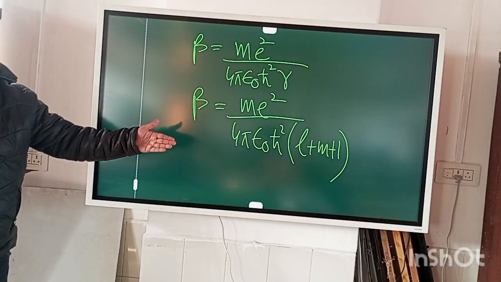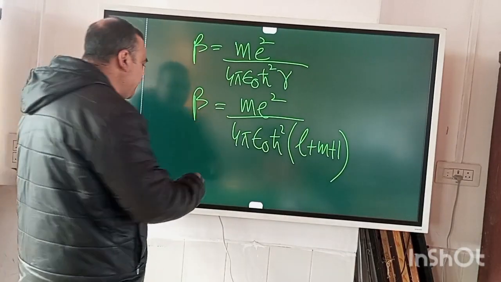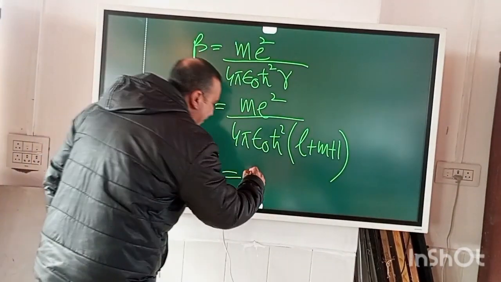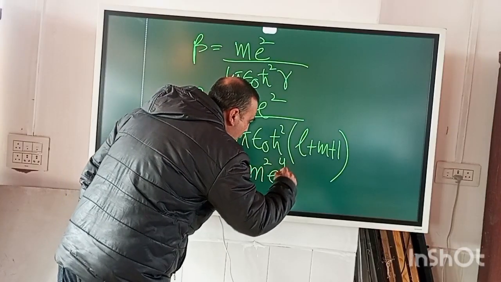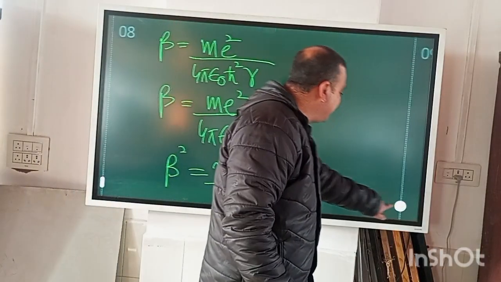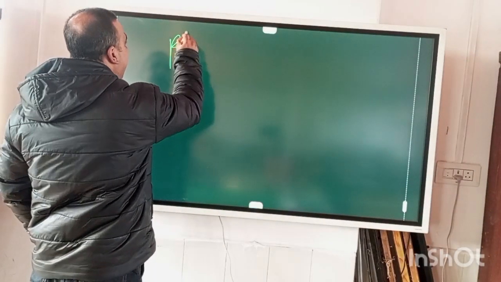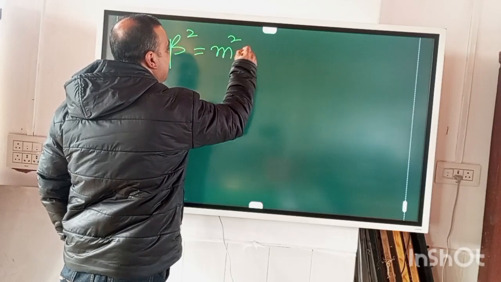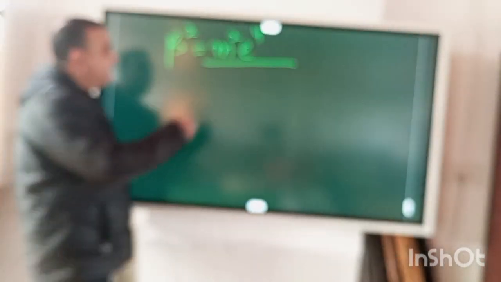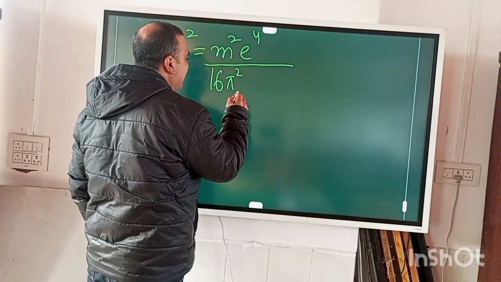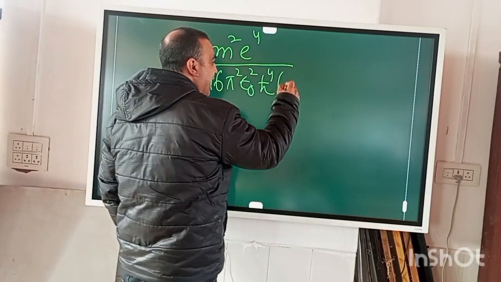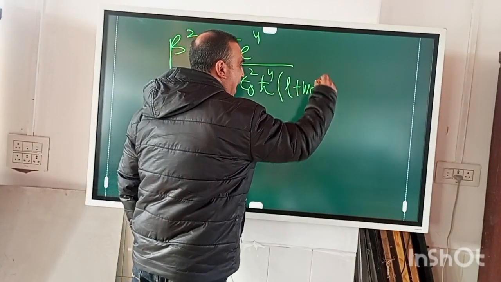Can I square on both sides? If I square on both sides, I will get beta squared is equal to m squared e to the power of 4 divided by 4 4s are 16 pi squared epsilon naught squared h bar 4, then L plus m plus 1 whole squared.